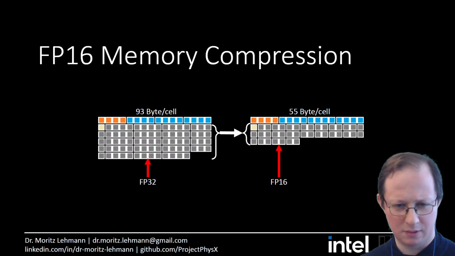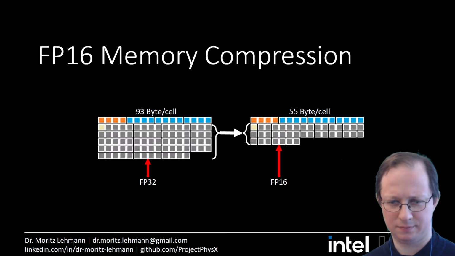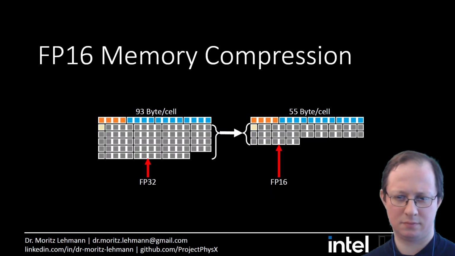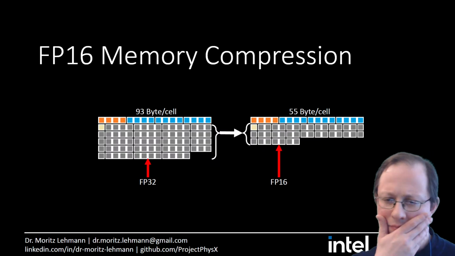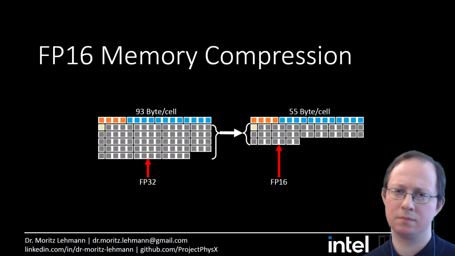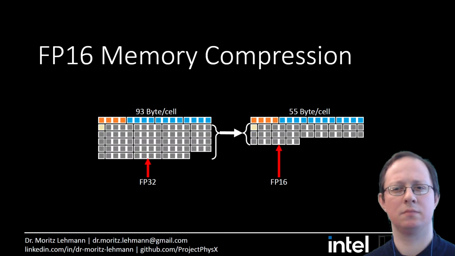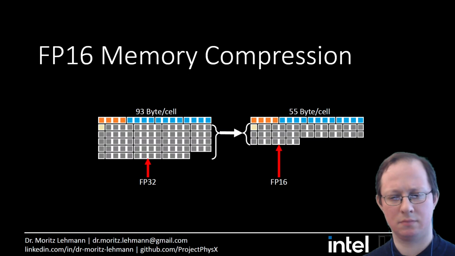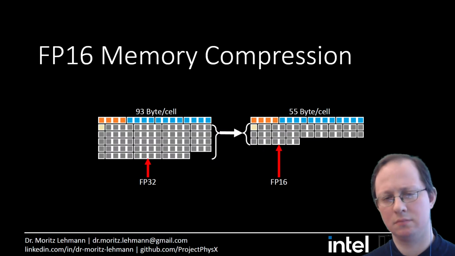And this works on literally every hardware because I don't do any arithmetic in FP16. I just convert before I write the data in memory. I convert from FP32 to FP16, write to memory, then read from memory again and decompress again. So it's using it only for the memory storage.